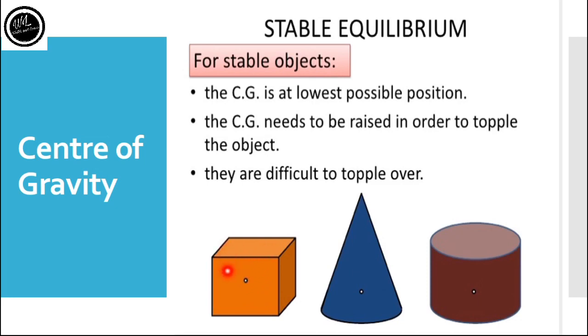Let's say we have an example of a square here. If I slightly tilt this square by applying a force, because its center of gravity is at the lowest position, it will come back to its original position. The block will be stable. Same for this cone and for this cylinder.